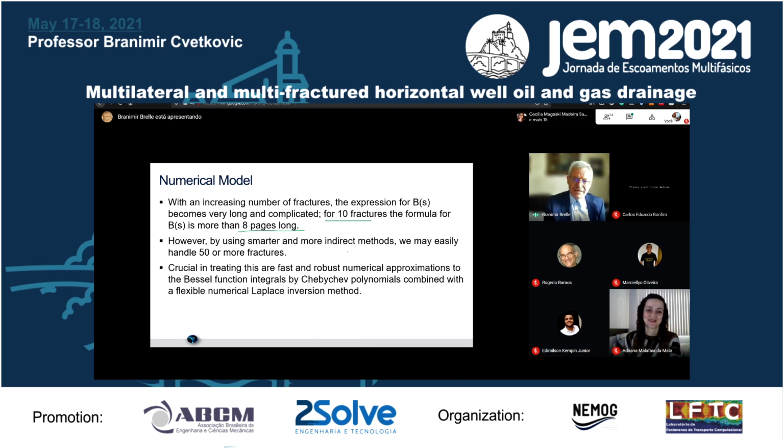However, by using smarter and more indirect methods, we may easily handle 50 or more fractures. And that was the benefit. We were very strong compared to our competitors. And crucial is treating the robust numerical approximation to the Bessel function and integrals and the Chebyshev polynomial.